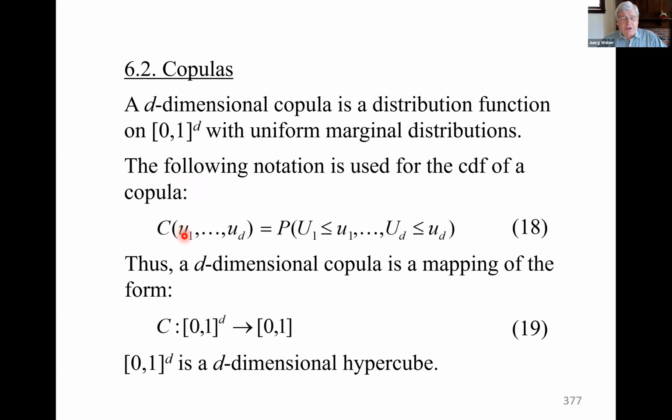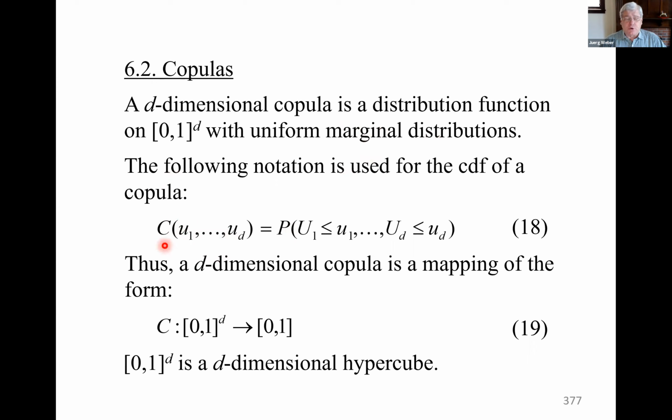So copula, now here I don't call it x1, x2, I call it u1, u2, and so on, because those actually are uniformly distributed. The marginal distributions of the copula are uniformly distributed.